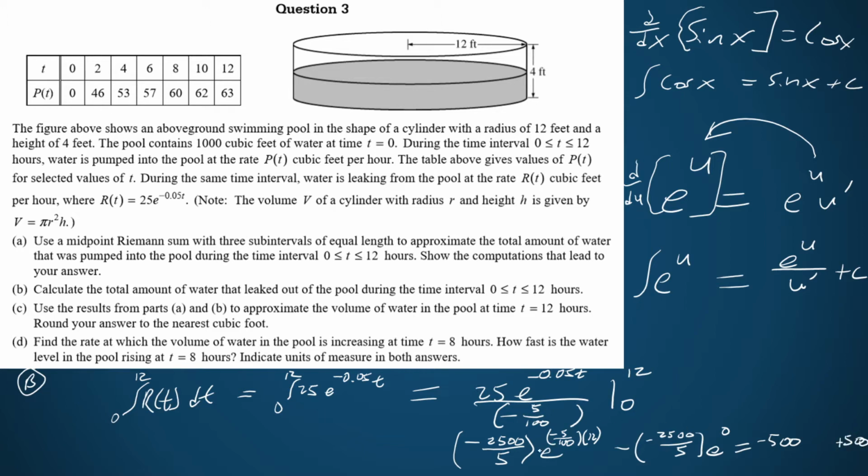And then over here, I've got e to the negative 5 times 12 is 60 over 100, is e to the negative 6 over 10, or negative 3/5. That's as far as I would go if I was doing this by hand.